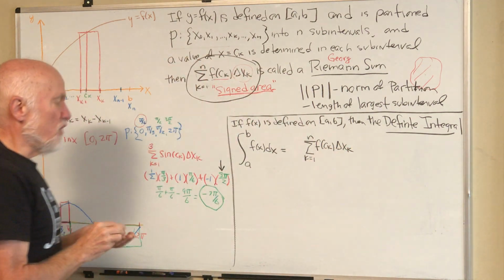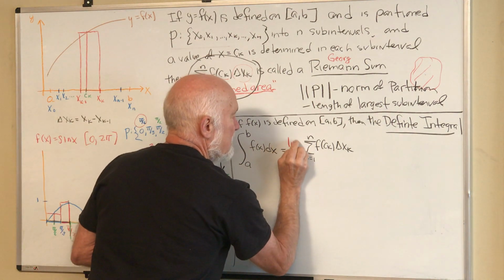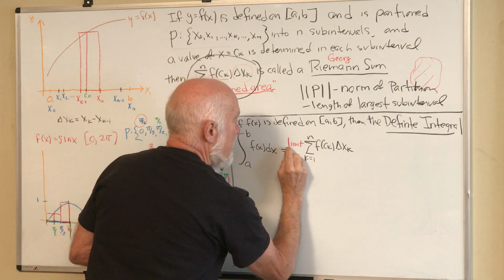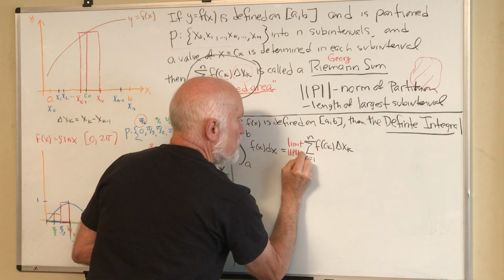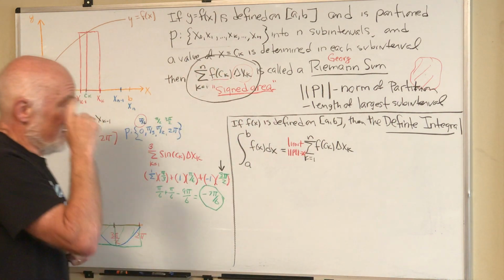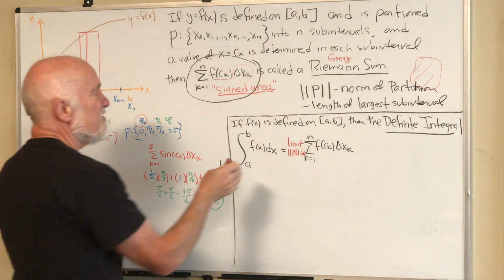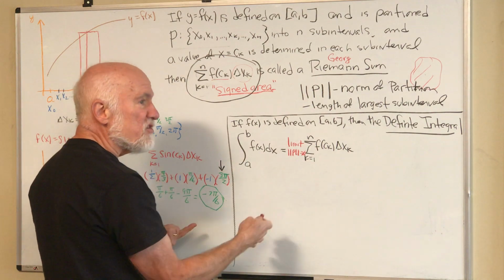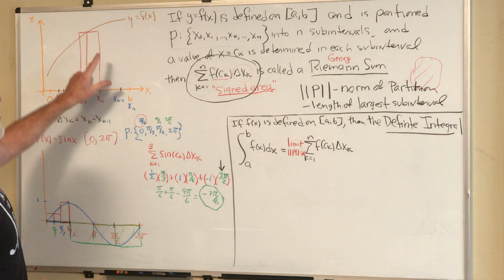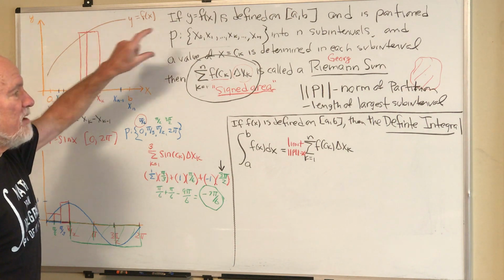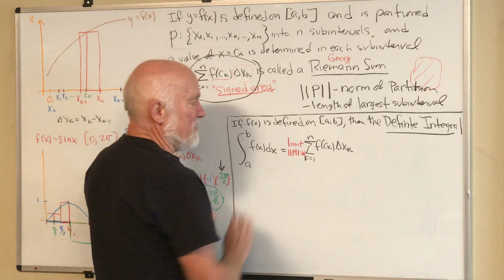But then what's different about it is the limit as the norm of the partition approaches 0. So it's not just like we did yesterday with the RRAM, the MRAM and the LRAM. Those were Riemann sums. This is an infinite Riemann sum.